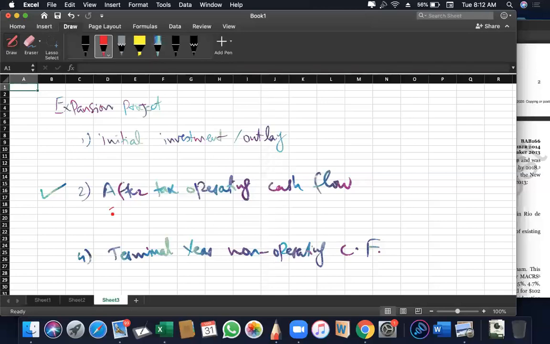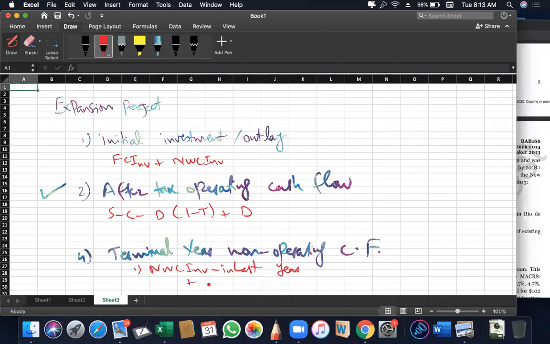This is S minus C minus D into 1 minus T plus D. Now here it is fixed capital investment plus net working capital investment, and here one part is net working capital investment in last year plus after tax salvage value.